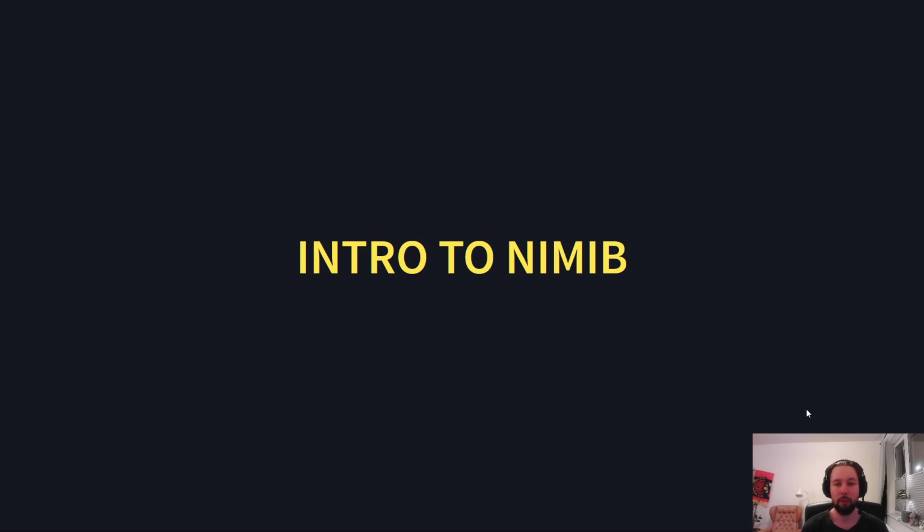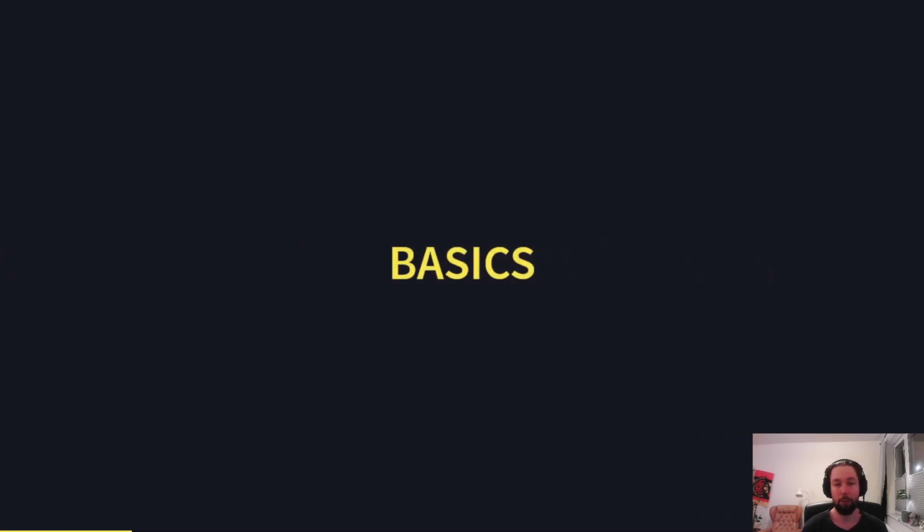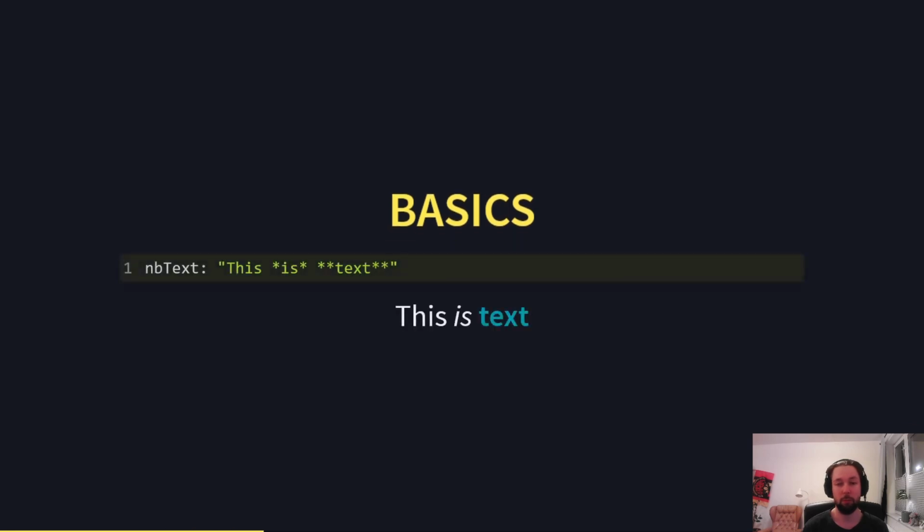Thank you, Pietro. I will now have a quick intro to Nimib. I will first go through the bare basics, and then I will show a more complicated interactive example. So, what is the most basic thing you can do? Show text. And using NBText, you can provide it with a markdown formatted string, and it will produce stuff like this, which is pretty neat.